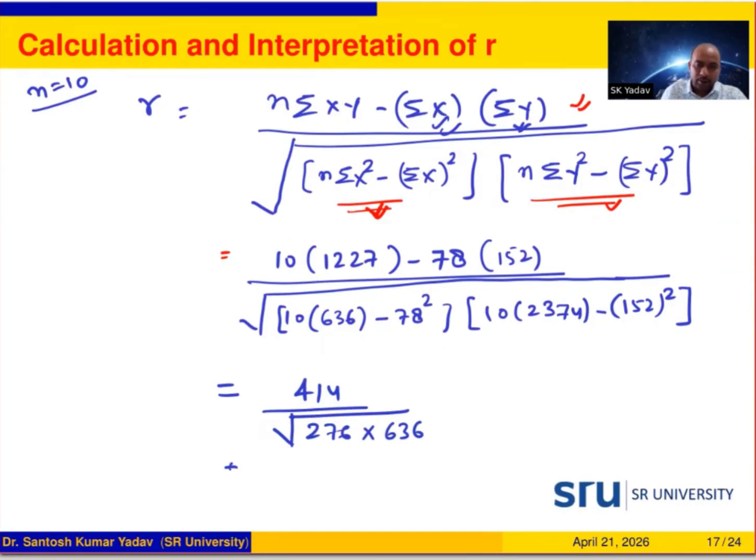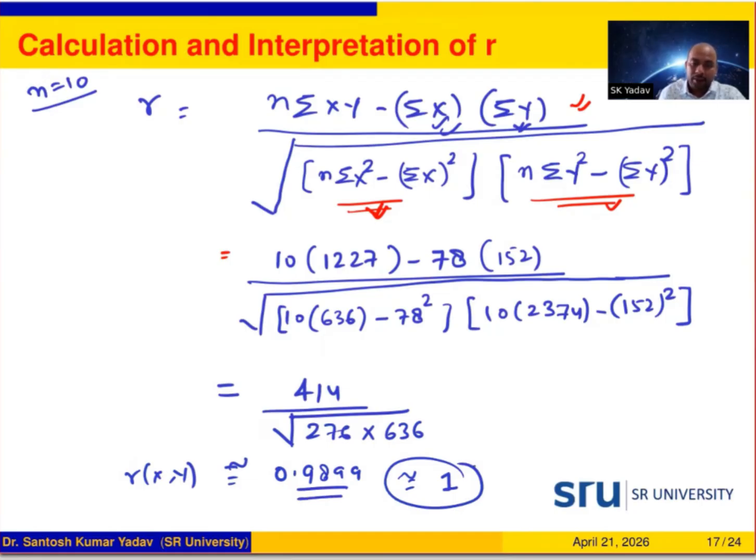And finally, I will get r of x comma y around 0.9899. So I can see it is very near to 1 and its sign is positive. So we have a positive correlation. Okay.